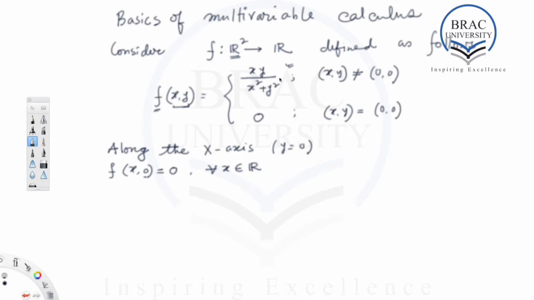This guy is 0, because x is not 0, so the denominator is not 0, but the numerator is 0 since y is identically 0. And when x is equal to 0, this is 0. This formula holds, so this guy is identically 0.